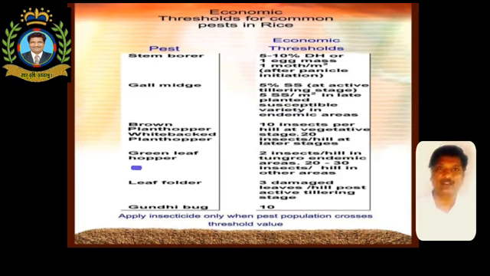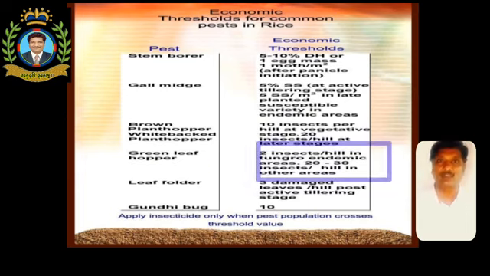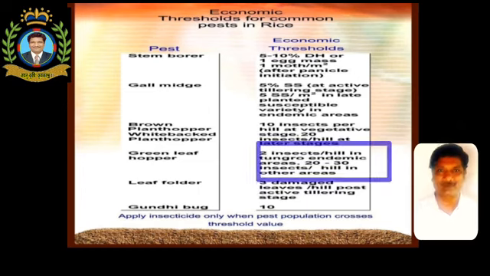In case of green leaf hopper, 2 insects per hill in tungro endemic areas, whereas 20 to 30 insects per hill in other areas, if observed, you can adopt management strategies.